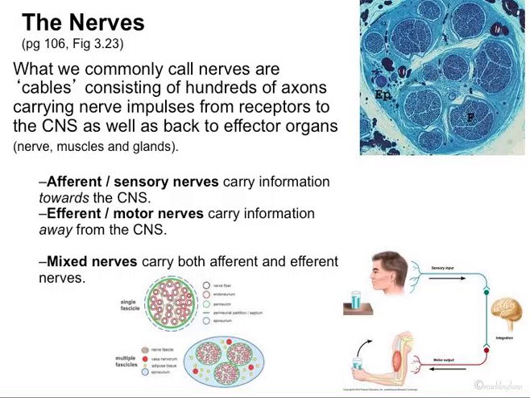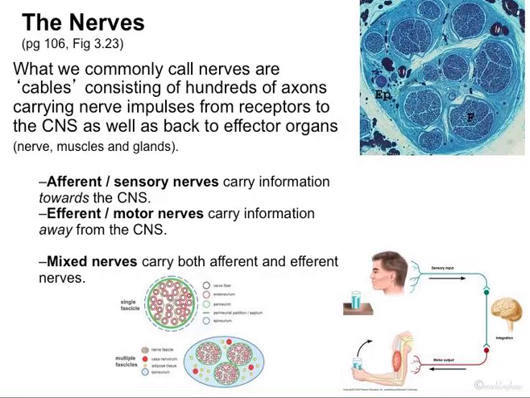What we commonly call a nerve in our language are actually only the axons, the cables. And nerves consist of hundreds of those axons that carry impulses to the CNS as afferent sensory nerves, or they carry impulses away from the brain and the spinal cord as efferent or motor nerves.